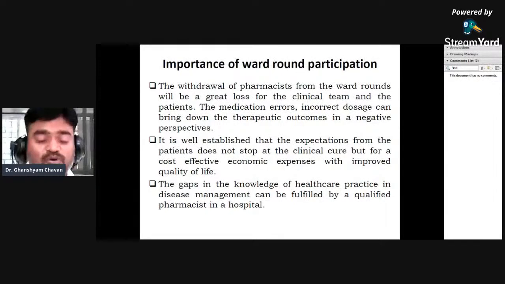We must also think about cost effective economic expenses, because whatever drugs or expenses the patients are bearing, they must get that facility at minimum cost, with the effective therapy they are expecting from the pharmacist.